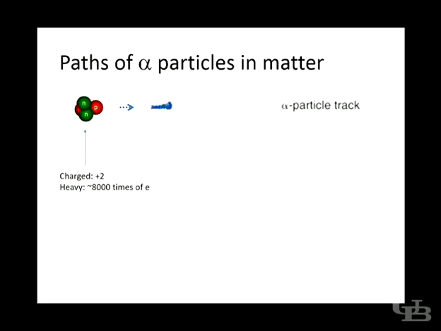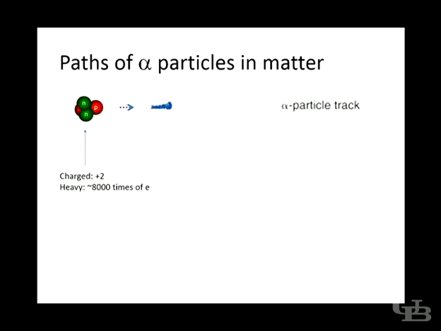That means the mass of an alpha particle is much heavier than an electron, about 8,000 times the electron mass, and it also has 2 positive charges. So for this heavy charged particle interacting with matter, the result is quite different from when an electron comes to interact with matter.